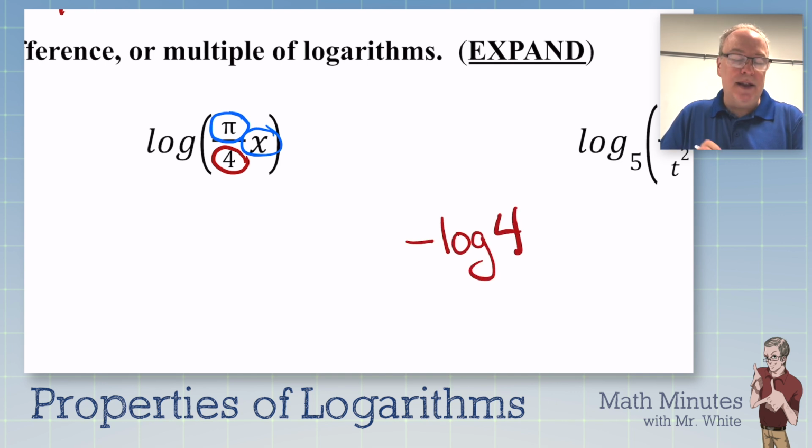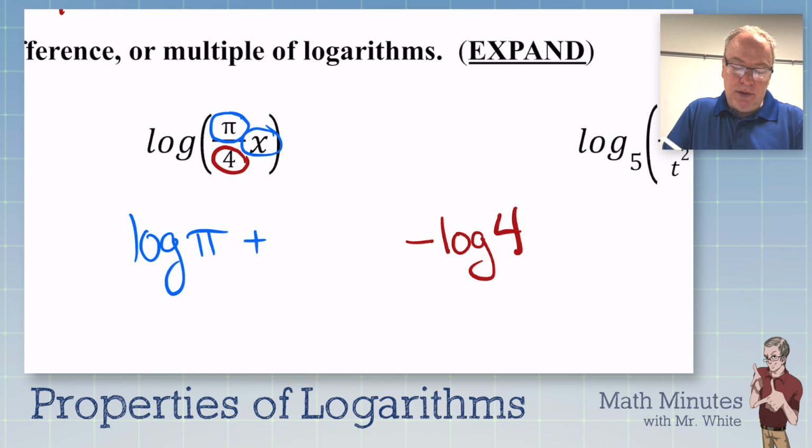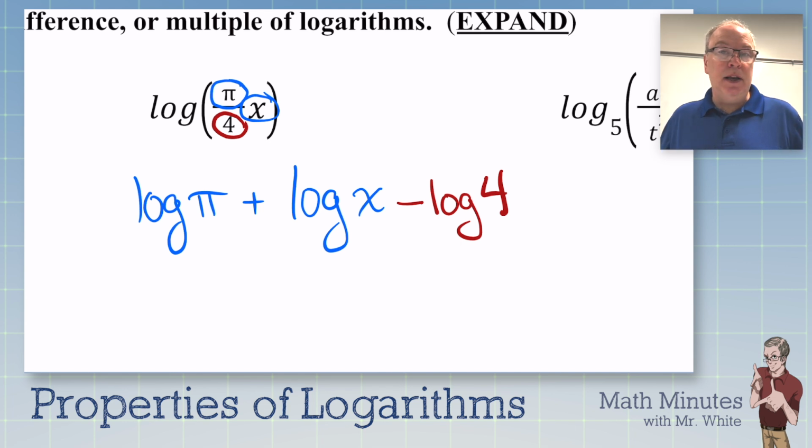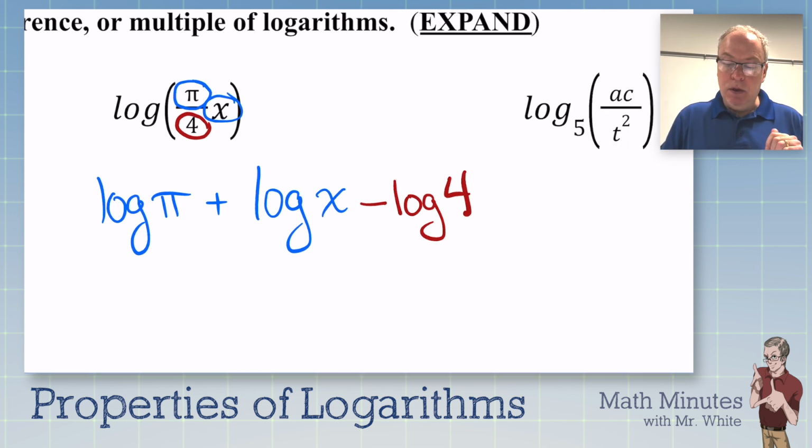So I'm going to write that there. Go back to the blue ones, and then we have log pi plus log x. All right? There isn't a huge reason to be expanding at this point, but we do need to understand the, quote, legal ways that we can expand these logarithms, and this is correct here.